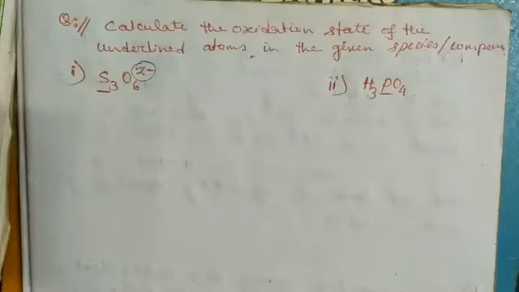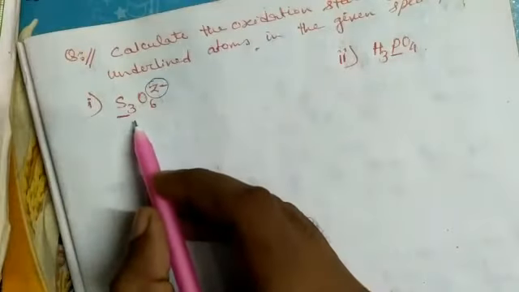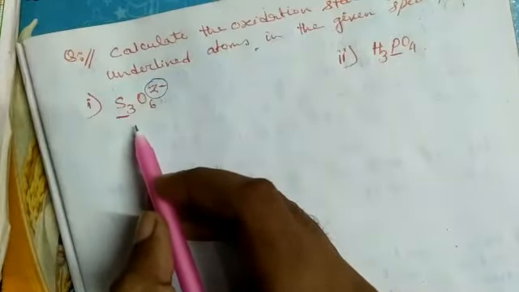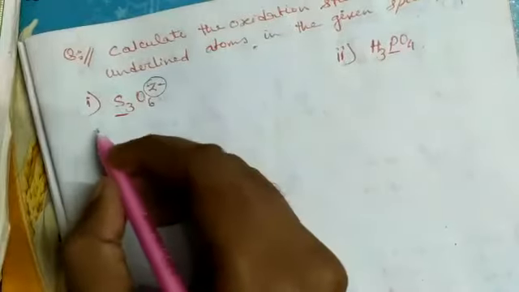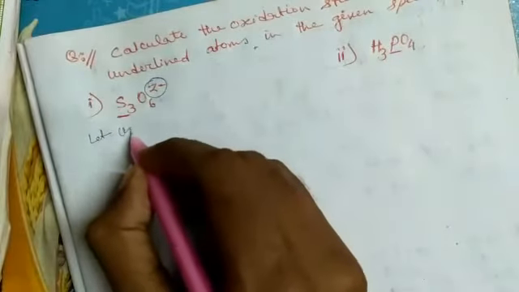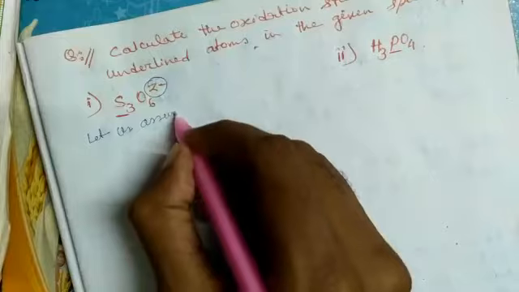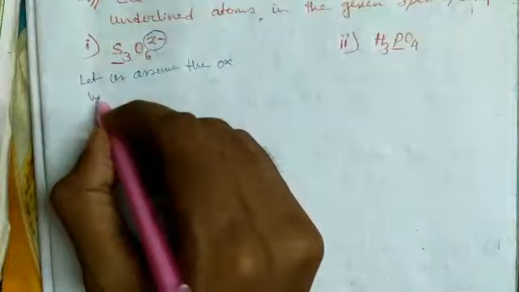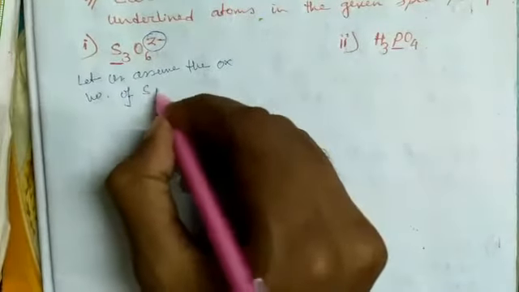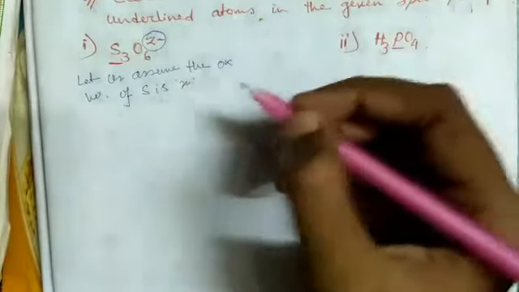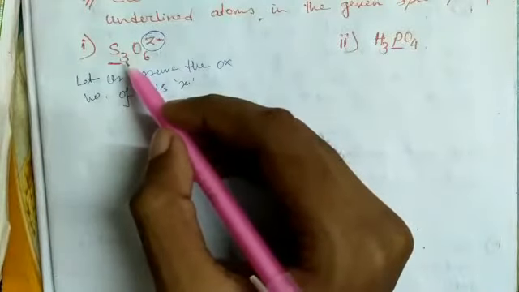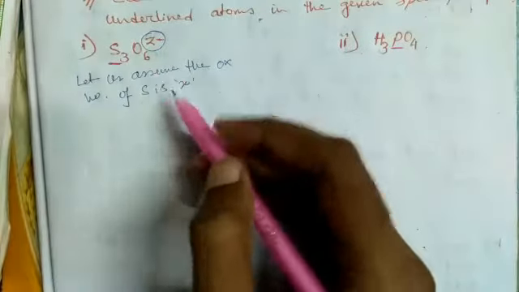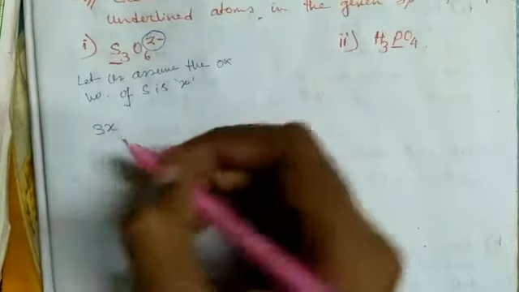We can assume that the oxidation number of sulfur is X for one sulfur, but here 3 sulfurs are present, so we have to multiply 3 with X, that is 3X.